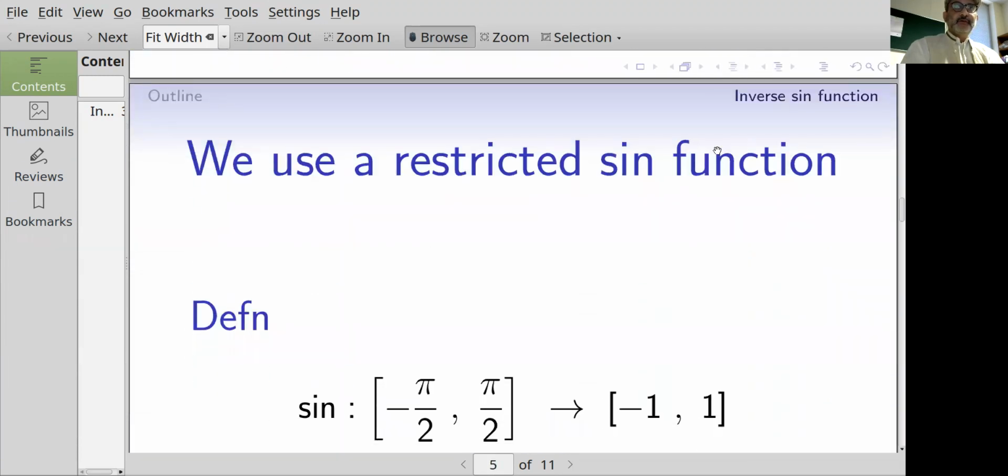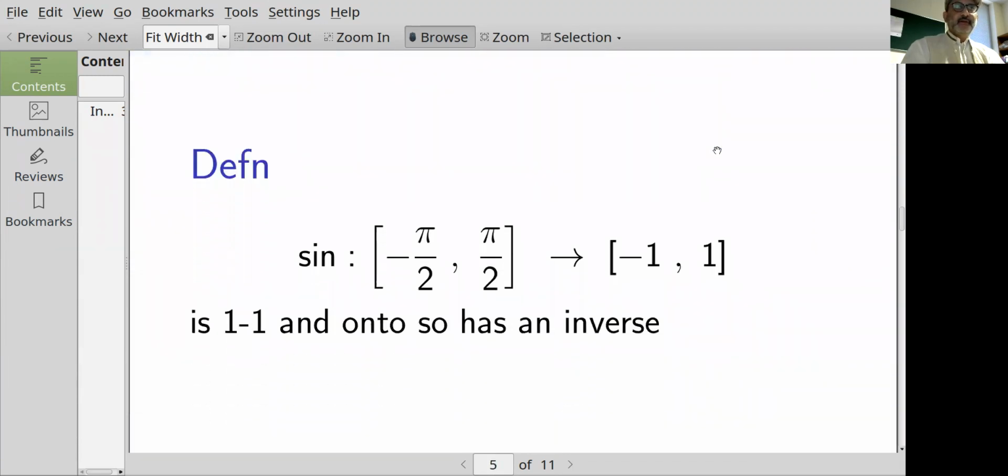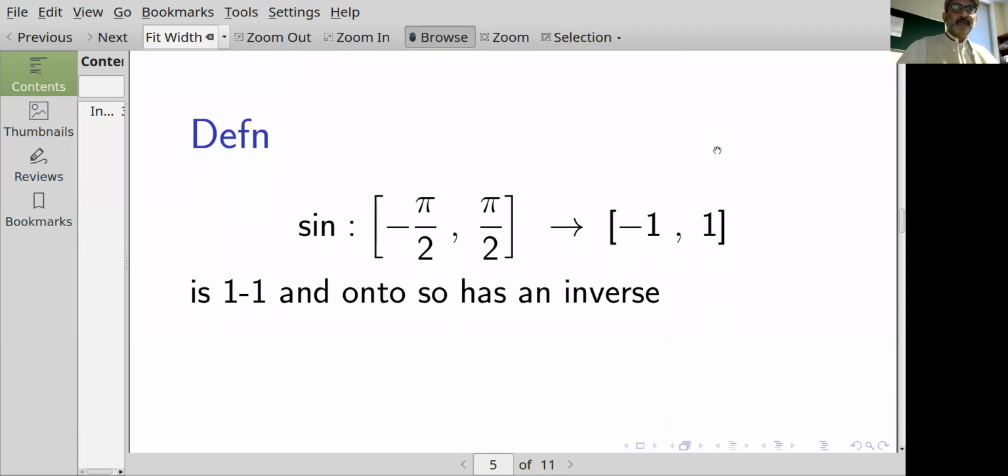Okay, so we're going to use a restricted sine function. This sine function maps from minus pi over 2 to pi over 2, including the endpoints, to minus 1, 1, including the endpoints. This sine function is one-to-one and it's also onto, so it has an inverse.